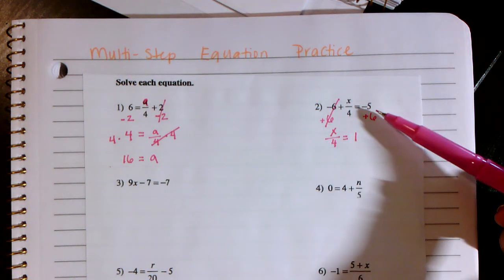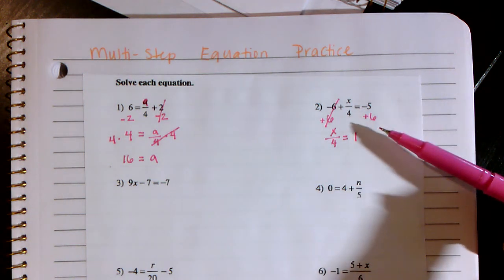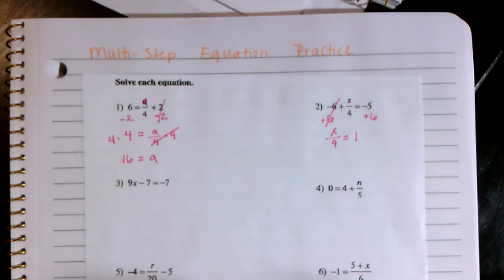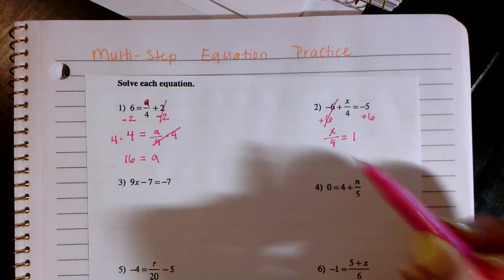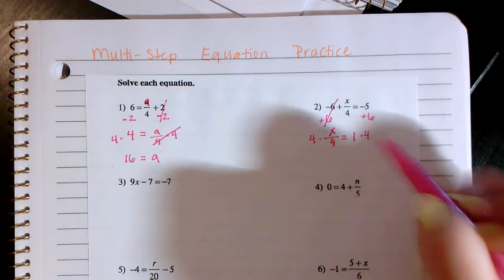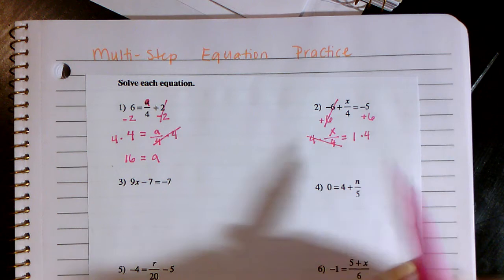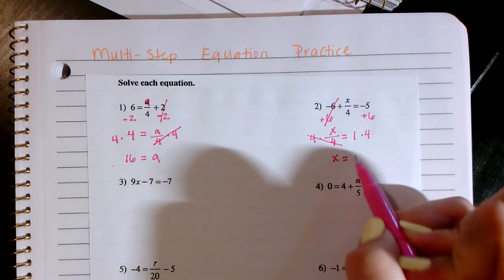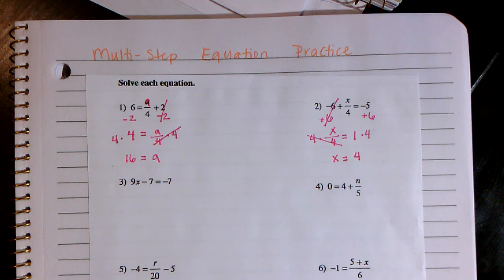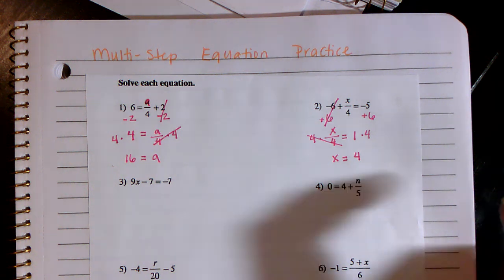If you're down in the hole 5 and someone gives you 6, you can come all the way back up to 0, and you still have an extra 1. So now we just have to get rid of this divided by 4, which means we multiply by 4 on both sides. This cancels that, and you have x equals 4. 1 times 4 is 4.